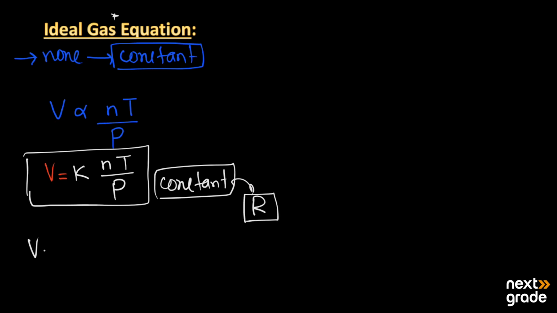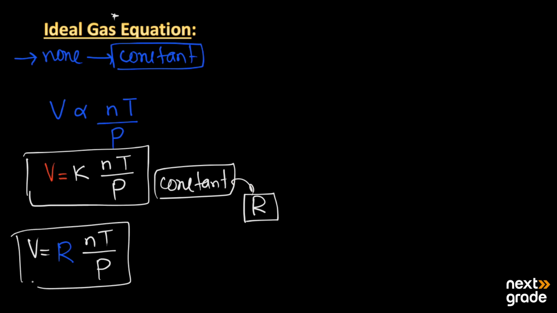So V is equal to R n T over P. Now by rearranging this equation, we gain PV is equal to nRT.